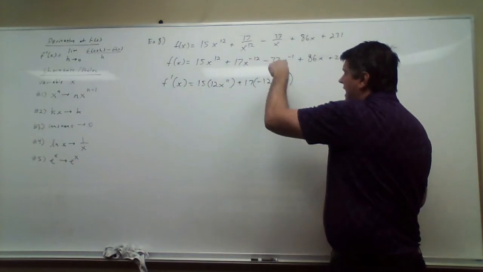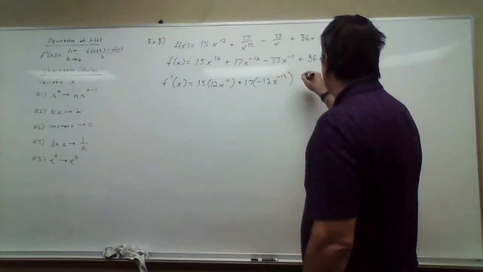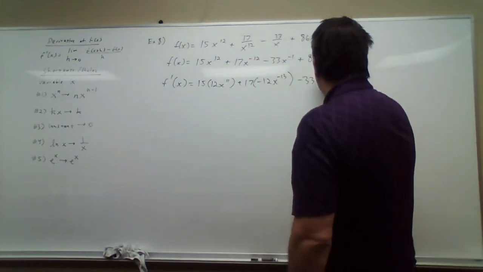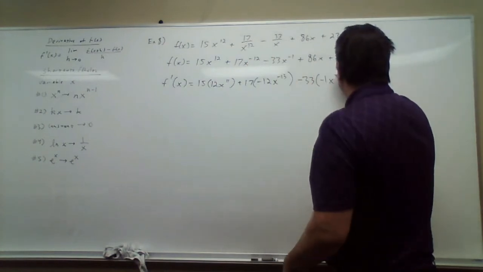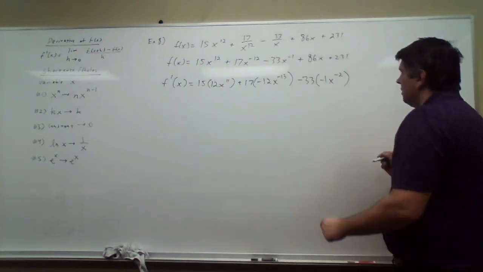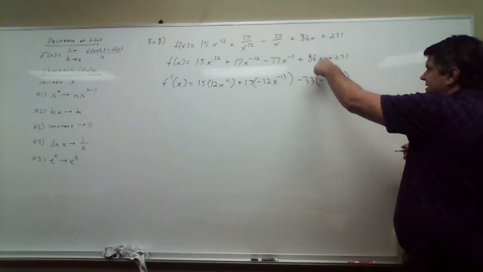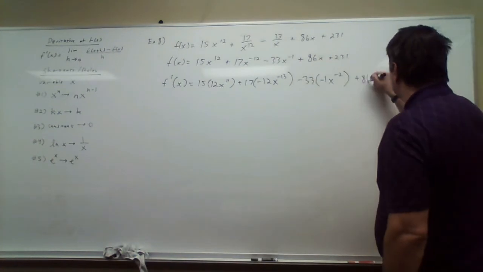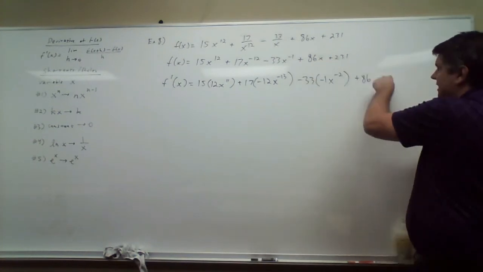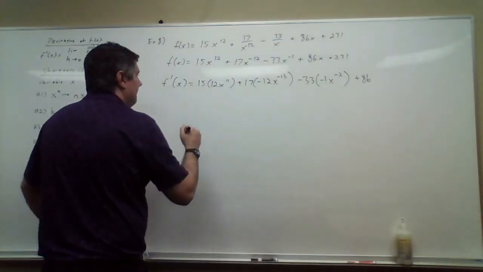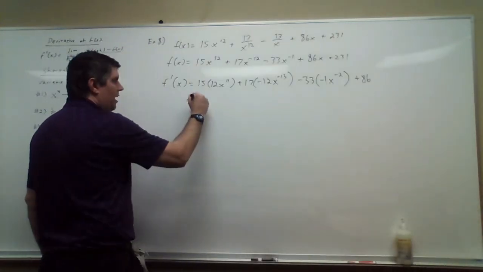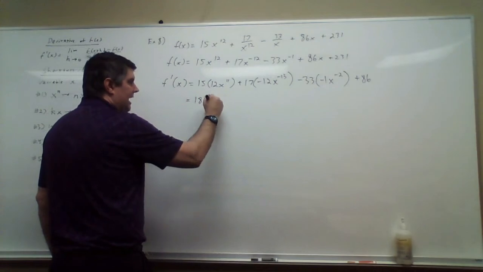Negative 12 would go down to negative 13. Similarly, I would have negative 33. The negative 1 would move to the front, and I would have x to the negative 2nd. Okay, the derivative of 86x is just 86. The derivative of my constant is 0. I'm not even going to bother to write it down. Okay? So, this will become 180 x to the 11th.